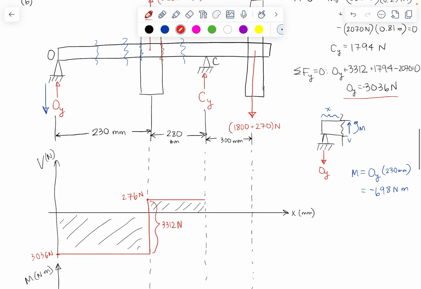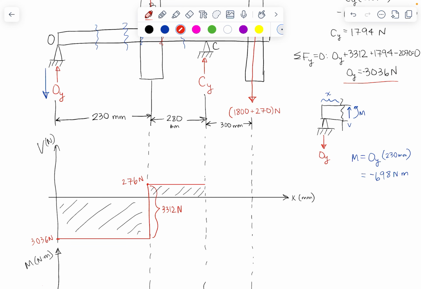All right, and we could also do that by taking a cut, drawing our free body diagram here with OY acting down, and then our bearing with the 3,312 newtons acting up, and then figure out at this distance of 280 what are our reaction, shear, loads, and bending moments, and you would come up with the same answer.